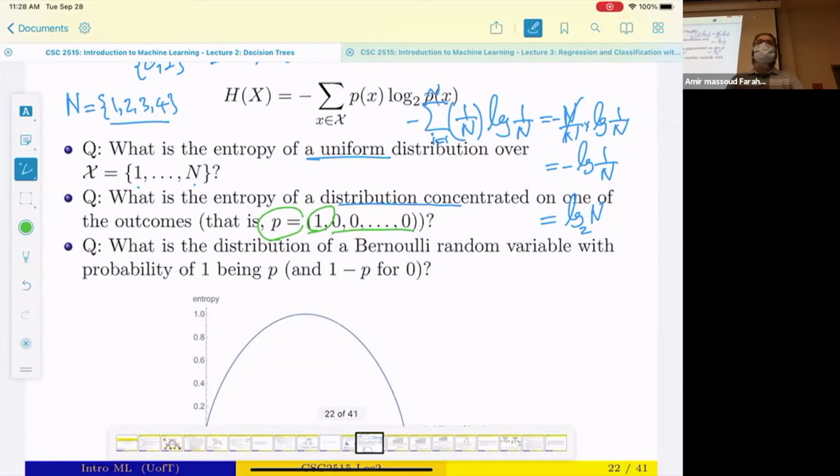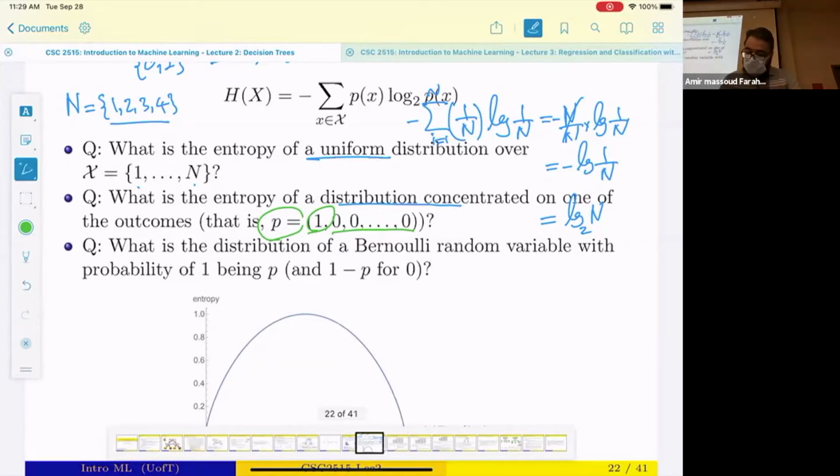So what would be the entropy? 0. Why? What's the intuition? Yes, exactly. Because we know everything about that random variable, it's always going to be the same thing as before. That's the reason.